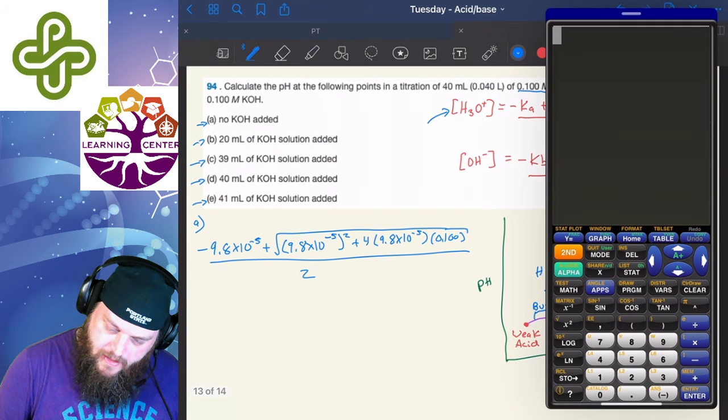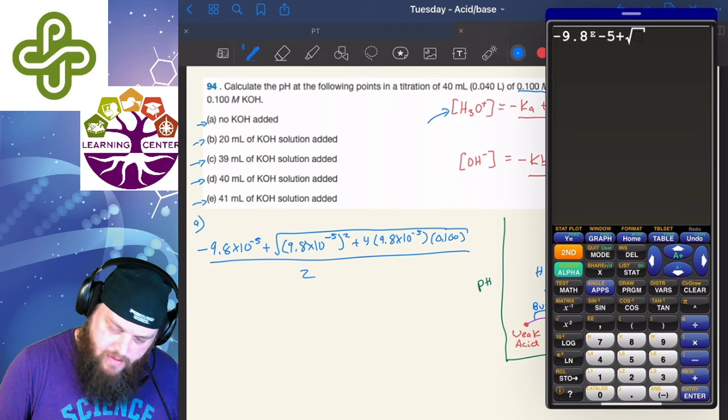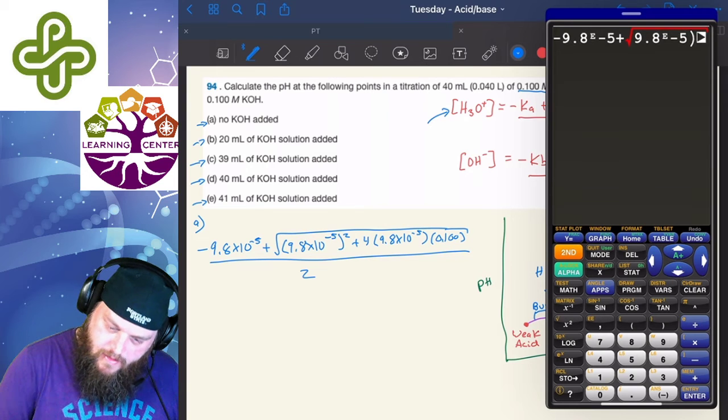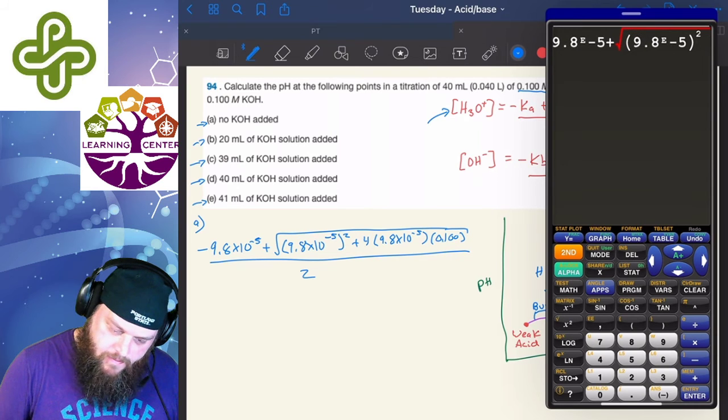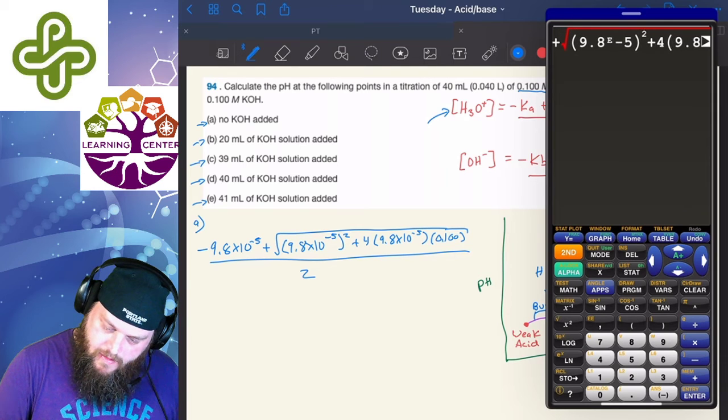So that's going to be, I'll clear this, negative 9.8 times 10 to the negative 5 plus the square root of 9.8 times 10 to the negative 5, and put a square there, plus 4 times 9.8 times 10 to the negative 5 times 0.1.